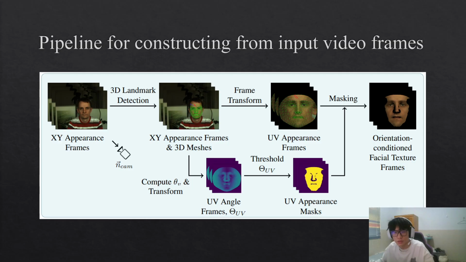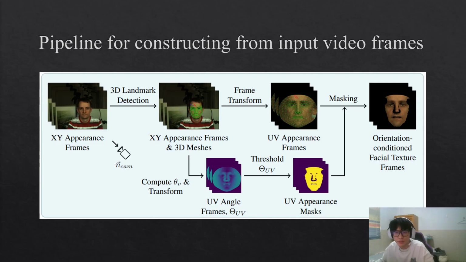Here, the system calculates the orientation angle theta_v for each vertex and transfers this information into UV coordinate space, creating UV angle frames theta_UV. This calculation generates a UV appearance mask that identifies regions where distortion might occur.